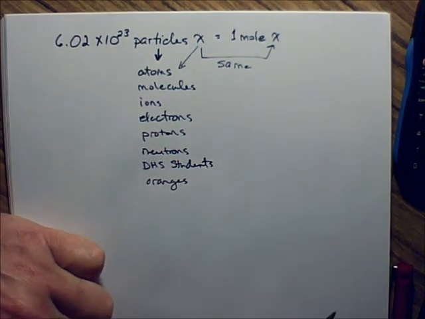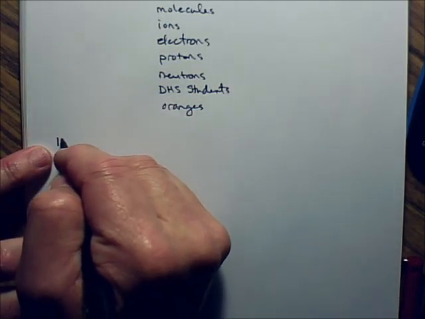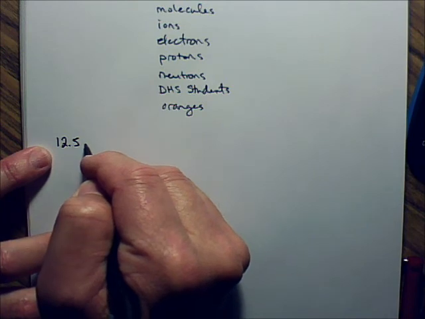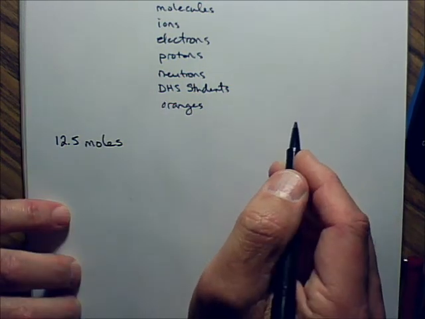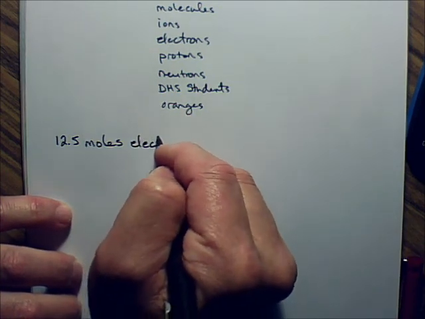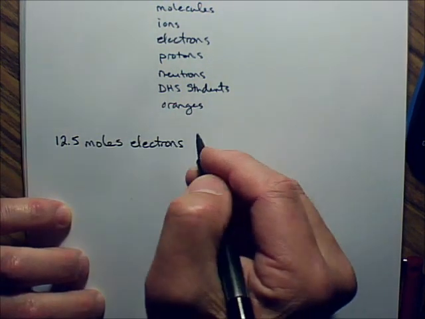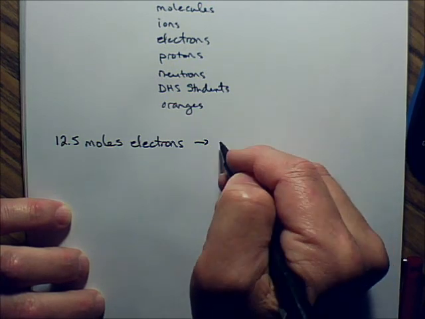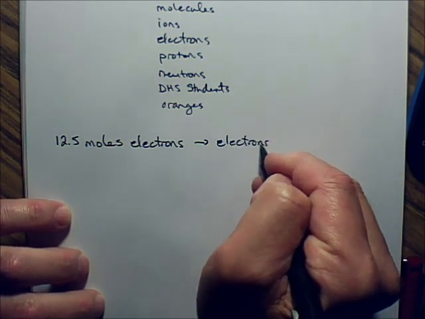So let's say that I have 12.5 moles of electrons, and I want to find how many electrons that comes out to be.